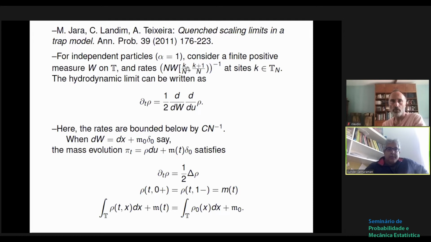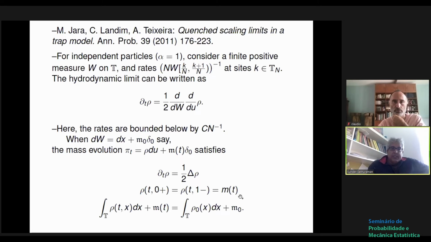you're basically slowing down at 0 by the beta there, which in terms of our notation would be n to the minus 1. They have a much different result, a little bit more general result for independent particles, but in this context, this is the hydrodynamic limit that they solved.